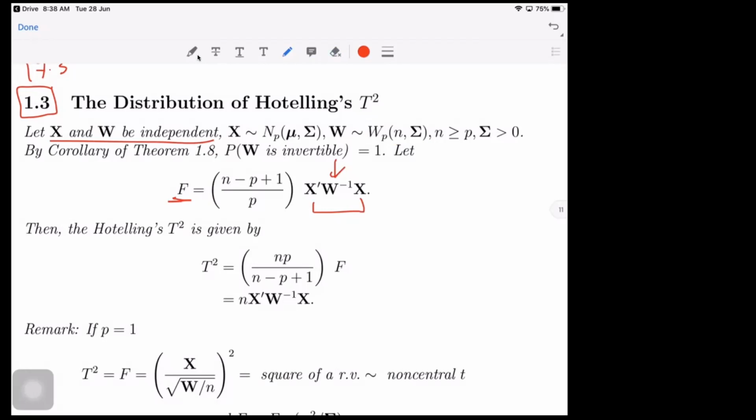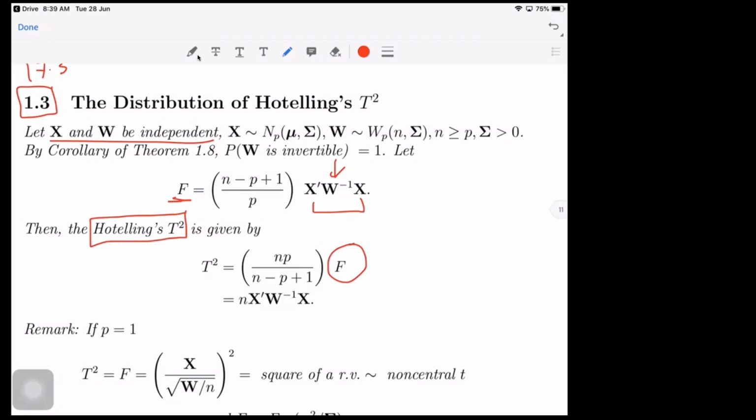So we define this f as n minus p plus 1 over p, then x prime W inverse x. Hotelling's t squared will be in terms of f. The Hotelling's t squared is equal to np over n minus p plus 1 times f.